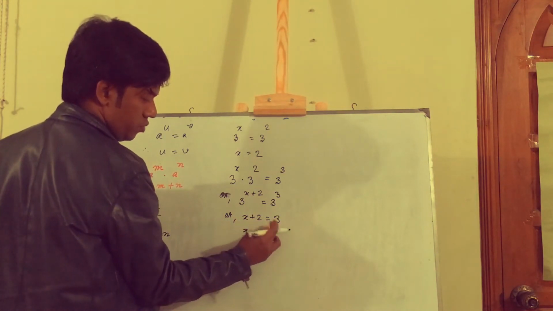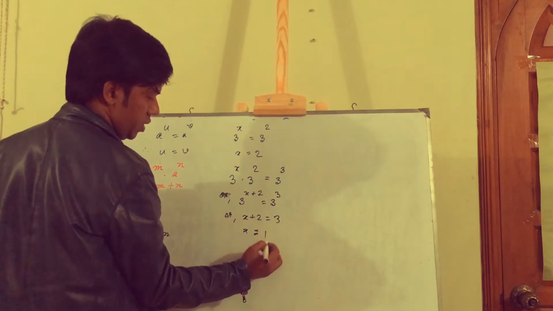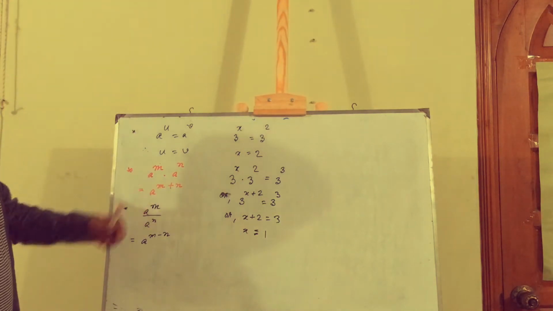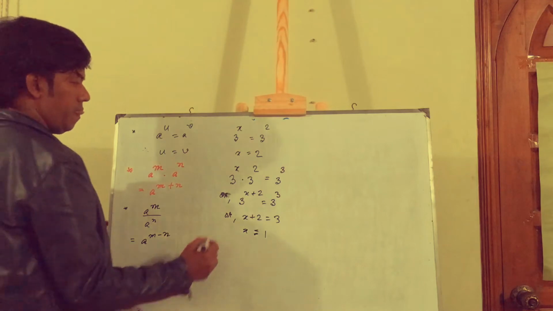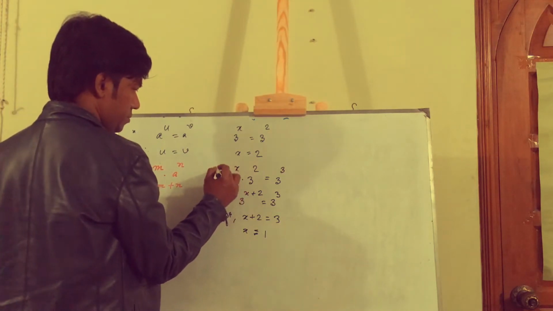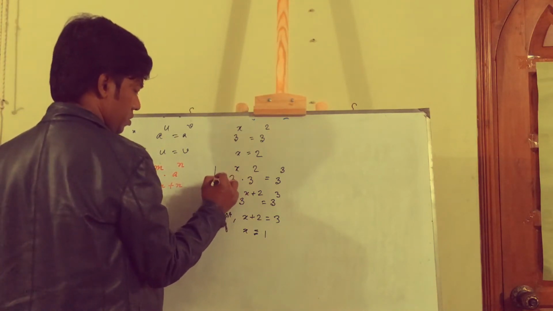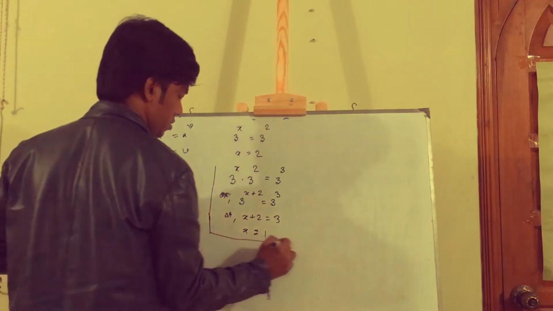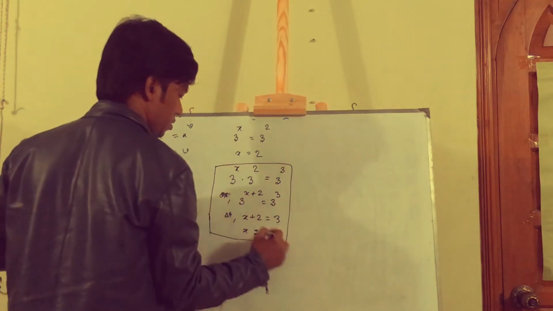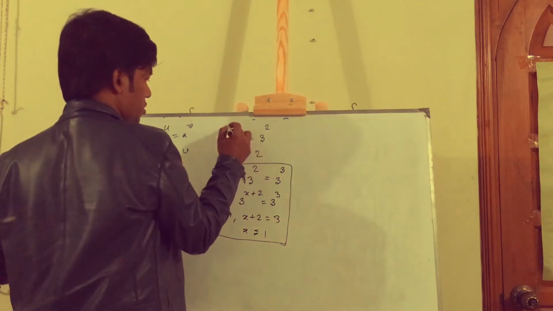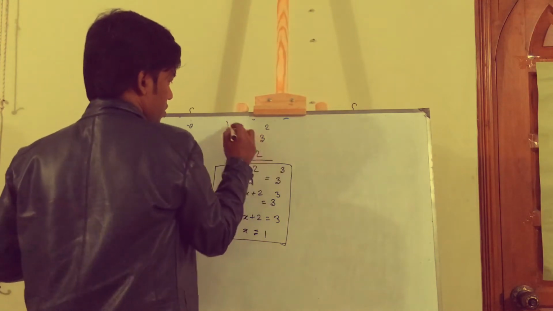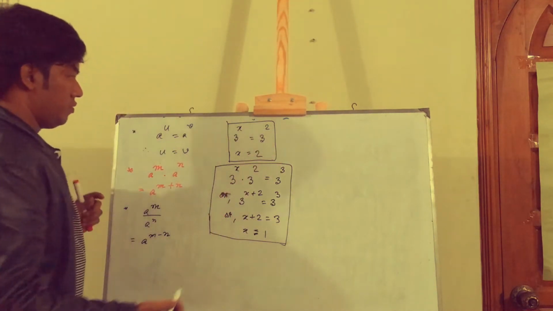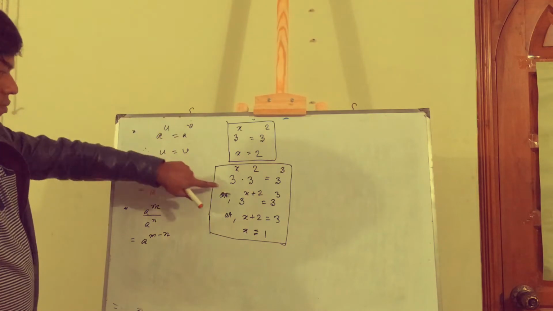Therefore, subtracting 2 from both sides, x equals 1. This is how we solve this kind of maths. Let me box it so that you don't misunderstand. This is one box, this is another box. This is the example from the first rule, and this is the example from the second.